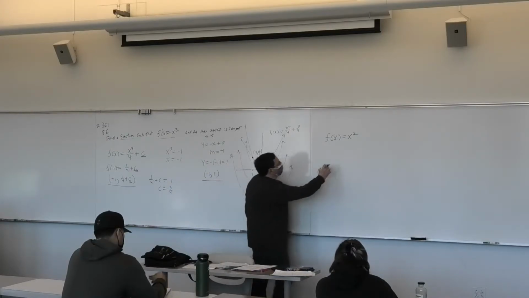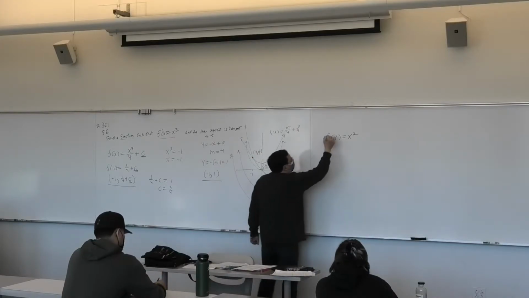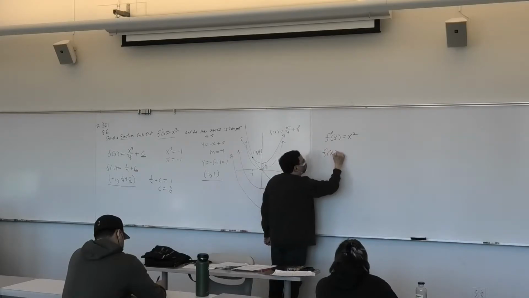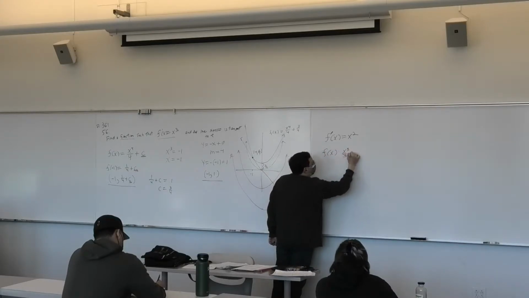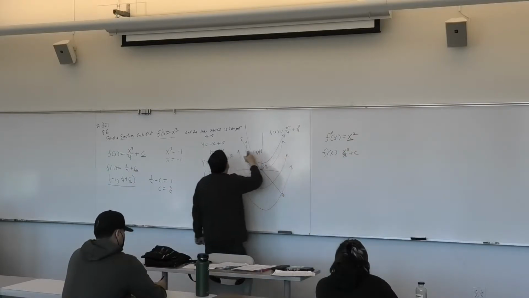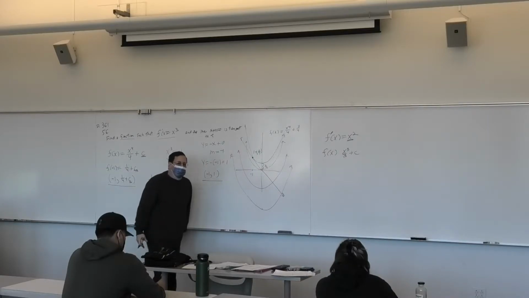This maps all real numbers to positive numbers, so the slope can only be positive. But if I gave you this line, where the slope is negative, then you can't.